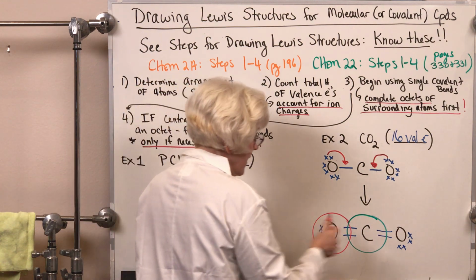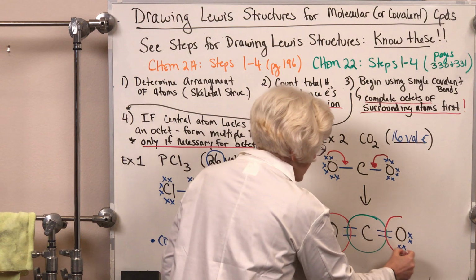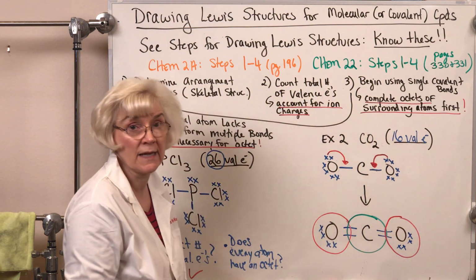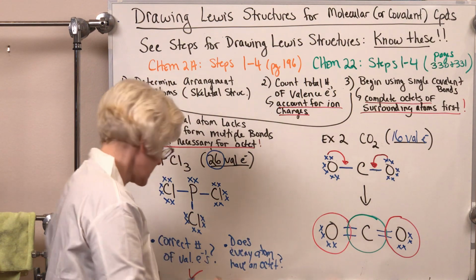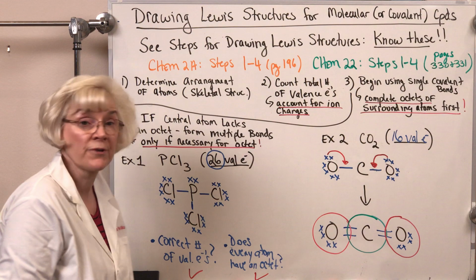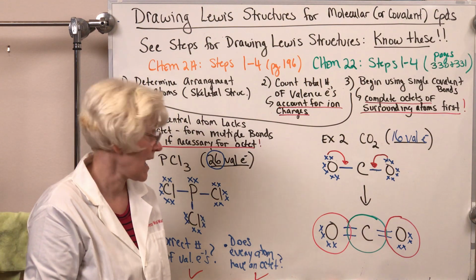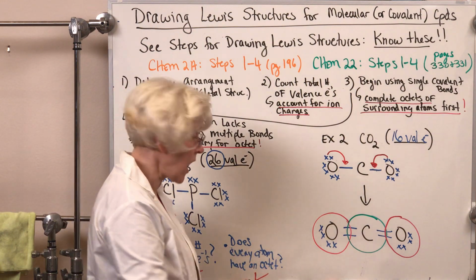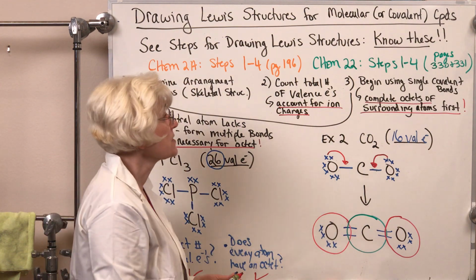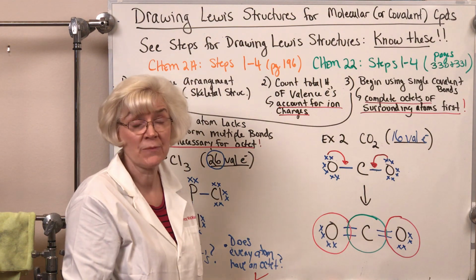And our last atom, our oxygen atom, 2, 4, 6, 8 electrons. So yes, we have met the second criteria. Every atom has an octet, and that gives us confidence that this is a valid Lewis dot structure for carbon dioxide.